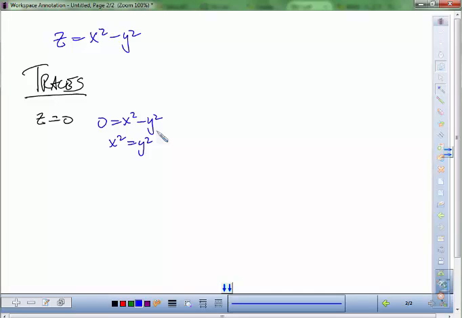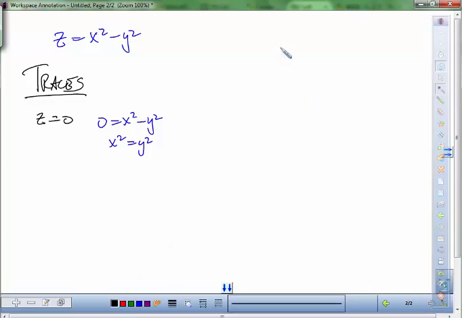So if I graph this, x squared is equal to y squared, what am I going to get? A double x. If you take the square root of each side, it's plus or minus a line. It's y is equal to plus or minus x. You know, the negative sign can go on either side. But yes, it's going to be y is equal to plus or minus x.